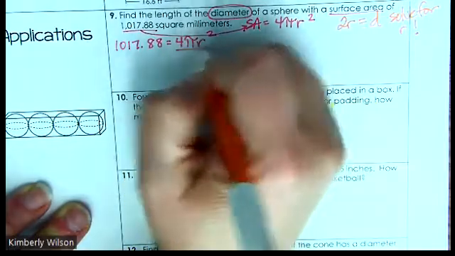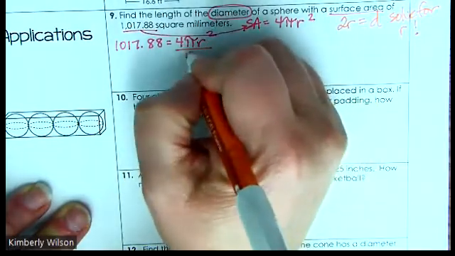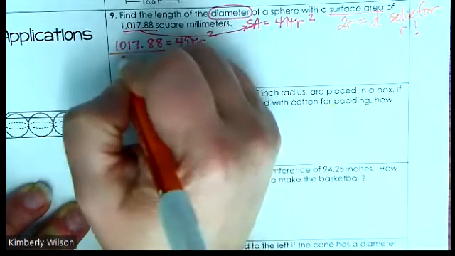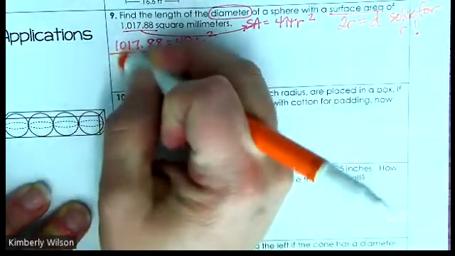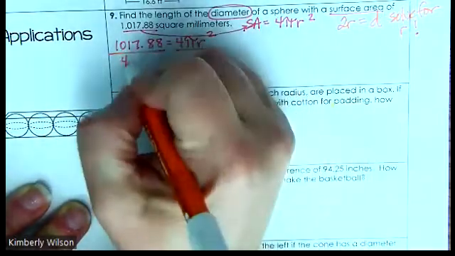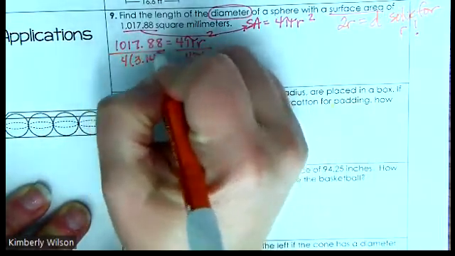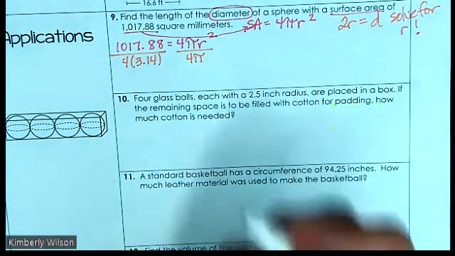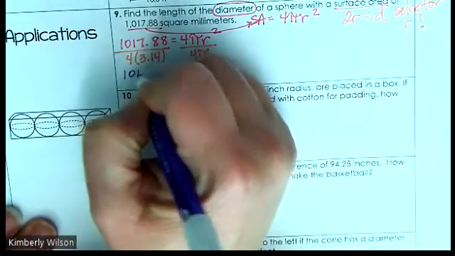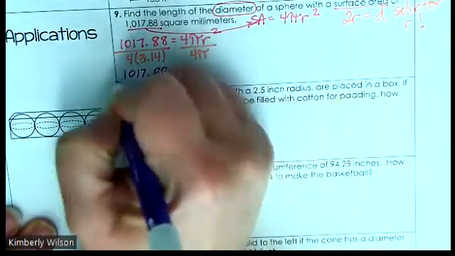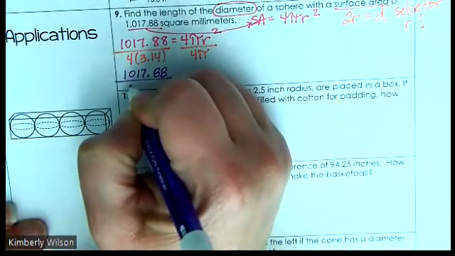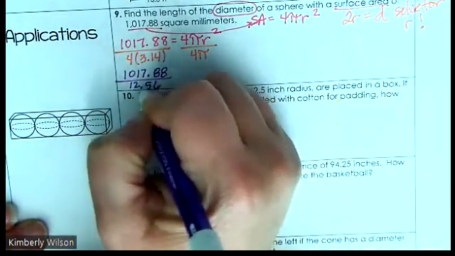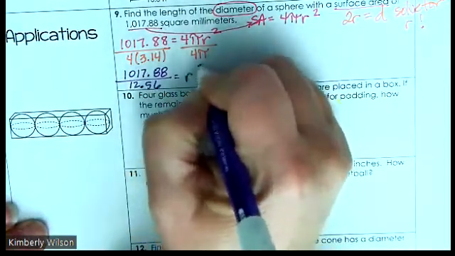Okay. So I've got to divide because all of that's multiplying. We have to divide by 4 pi to both sides. Well, since it's 4 pi and I'm solving, I could at this point say I'm doing 3.14 right here. So I've got to do 4 times 3.14, which gives me, so I have 1017.88 divided by 12.56 equals r squared.